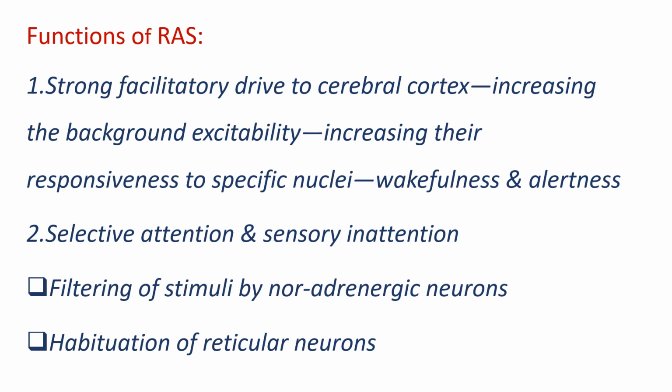Thus, though the brain is receiving sensory information from all the senses, it is capable of ignoring information that is of no consequence. This results from inhibition of the synaptic pathway for that particular type of information, and that is called habituation. And this in a sense is a type of negative memory.